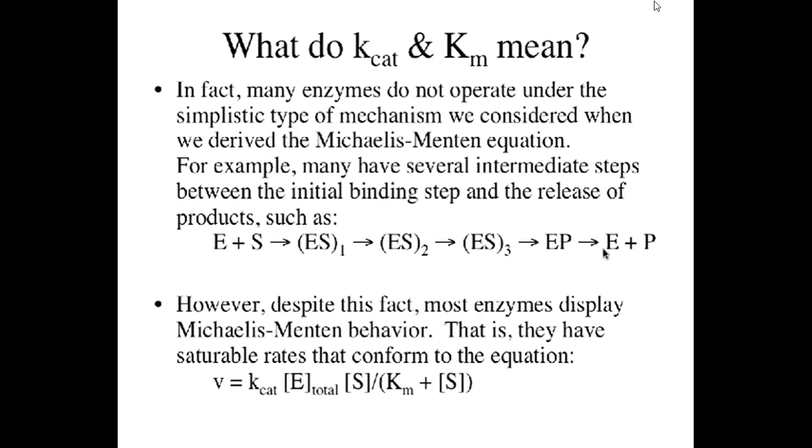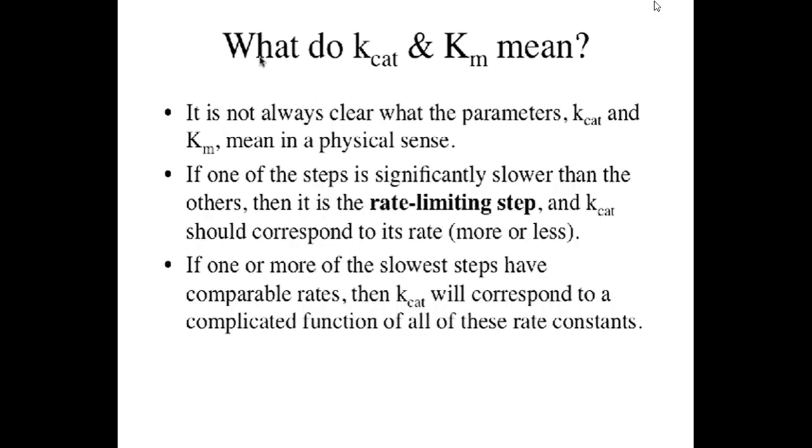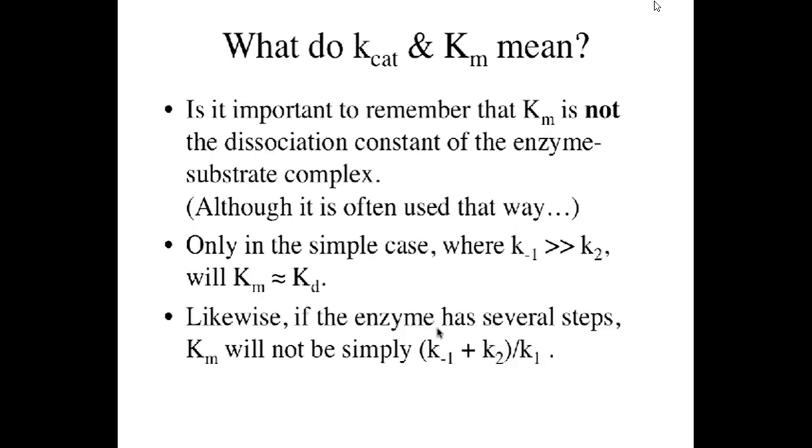And yet, they still follow this behavior. Okay, so what do these mean? Usually we don't know. If one of the steps is really slow, much slower than the other ones, that's the rate limiting step, and kcat will be more or less that rate. But if they're comparable, then the kcat is going to be a complicated function of all the rate constants. And so teasing those apart is very difficult.